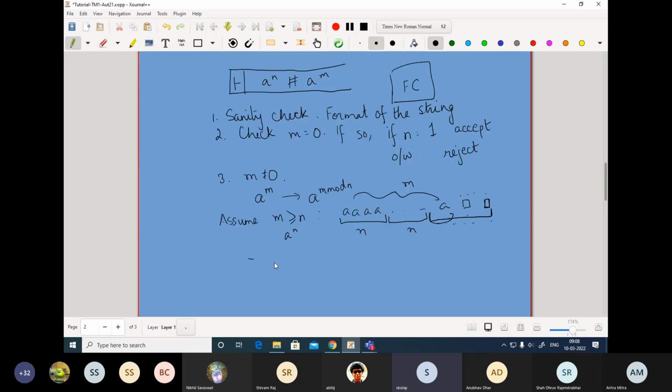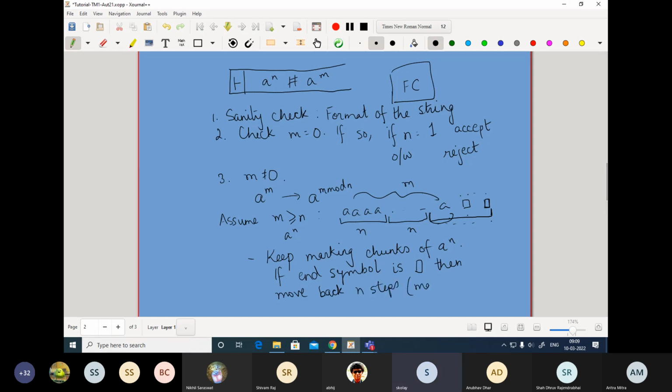So the suggestion here is keep marking chunks of a to the n. If the end symbol is blank, then move back n steps.